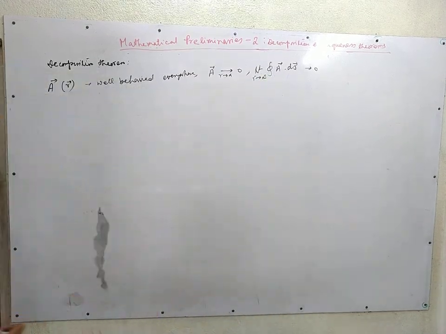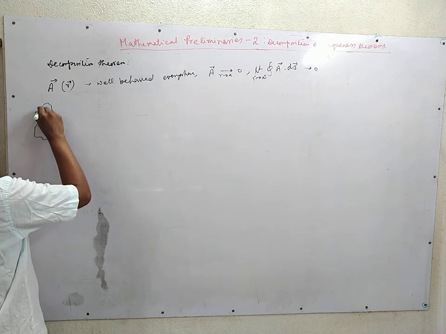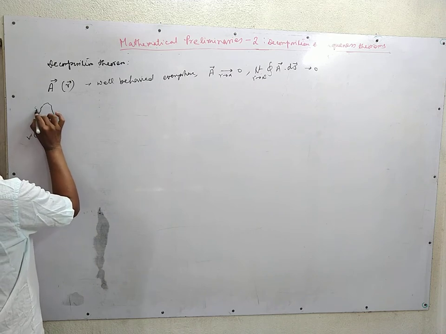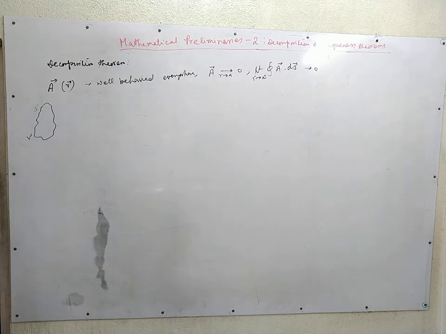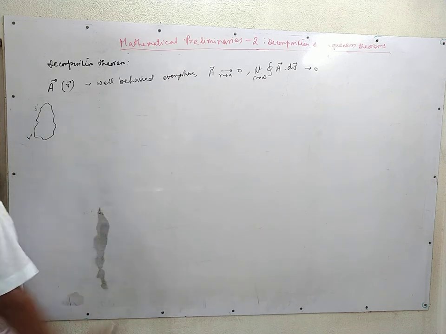That is, the vector field A falls off at a sufficiently high rate so that in the asymptotic region the vector field and its surface integral vanish. And we consider a finite region bounded by a volume V prime and a corresponding closed surface S prime. The original vector is defined in this region, and we want to calculate it at some other points.